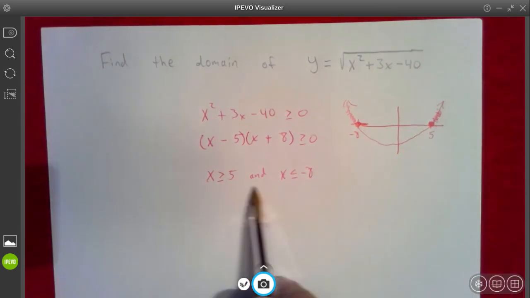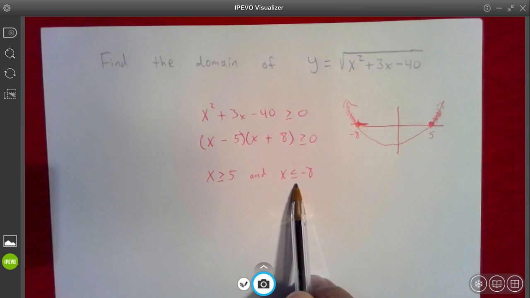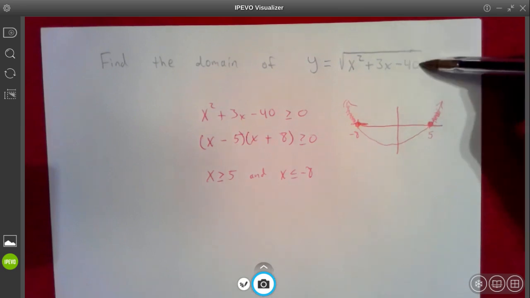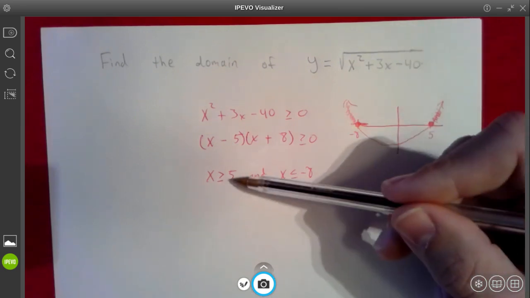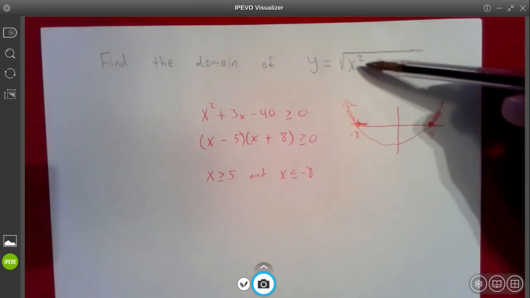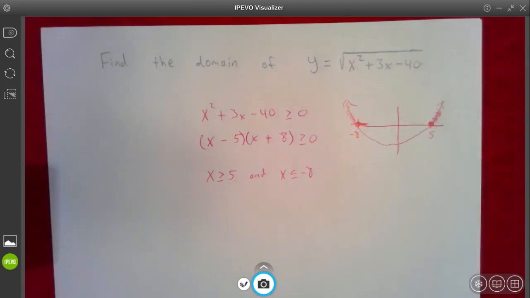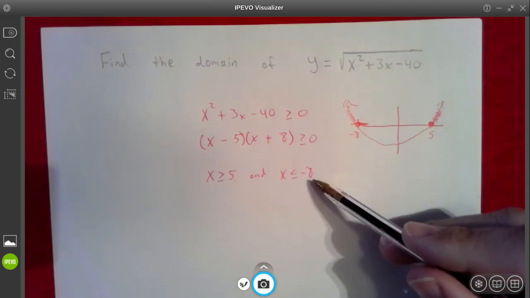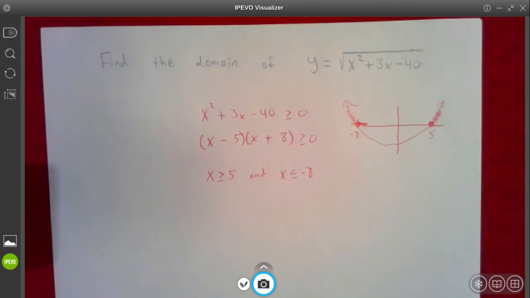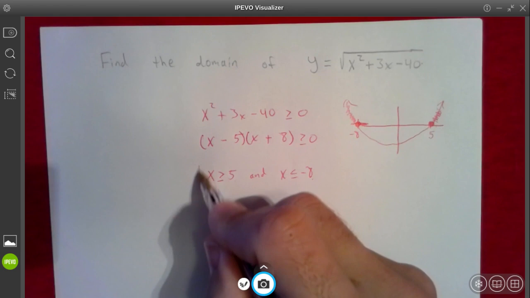All right, these are the numbers in the domain for this function. Okay, if you plug in a number that's greater than 5, it's going to work out. It's going to give you a positive under the square root. If you plug in a number that's less than -8, same thing.